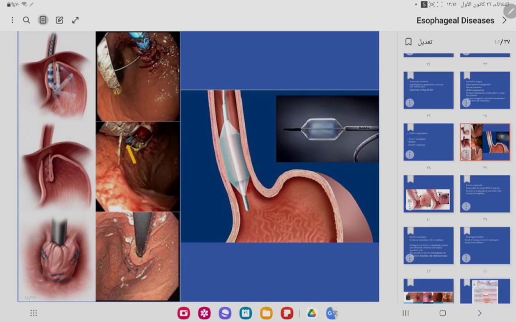So there is a barrier, and it won't be easy for the gastric juice to come back because there is a mechanical barrier first. And you increase the angle now, it's more acute probably, and it's more resembling the normal sphincter. Next.